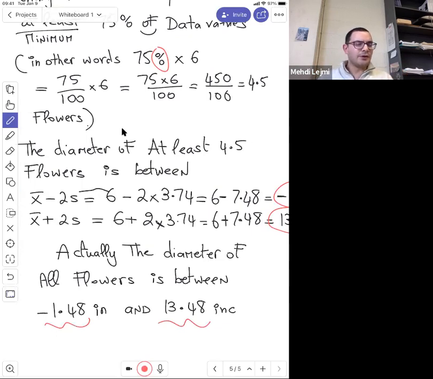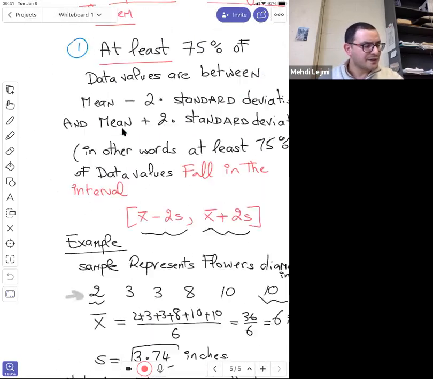So again, the theorem is going to give you a prediction of the minimum of your data values between two numbers. And the numbers here are, of course, negative 1.48 and 13.48. That depends on the X bar and the standard deviation. So we can do better than 75%.